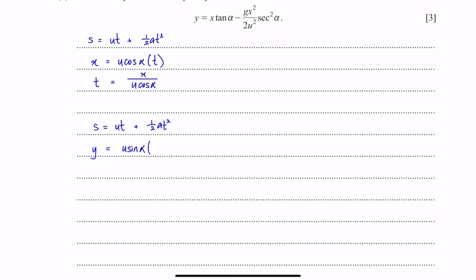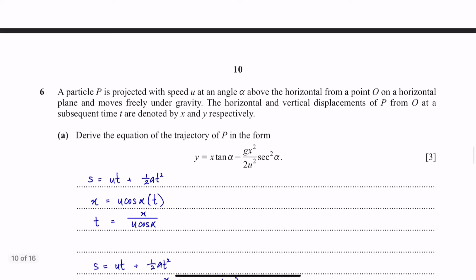Okay, I can just sub this in. T would be x over u cos alpha, plus half a would be negative g. Why is it negative?